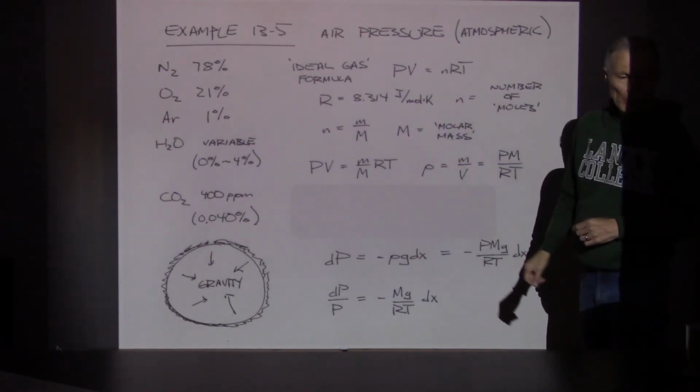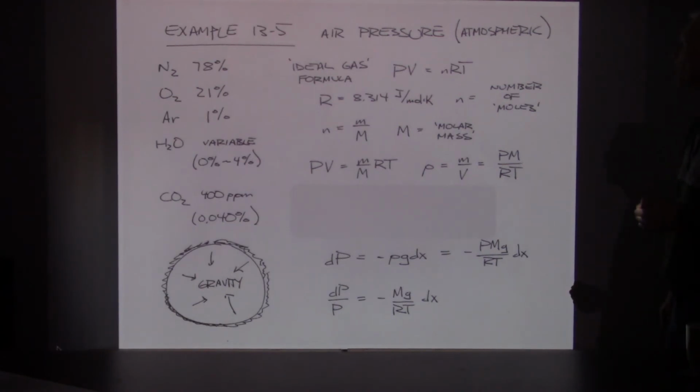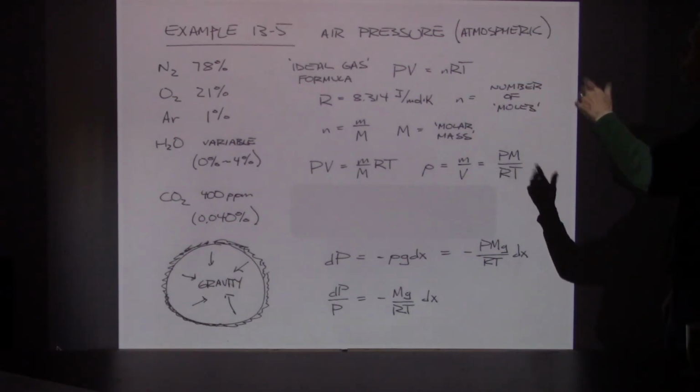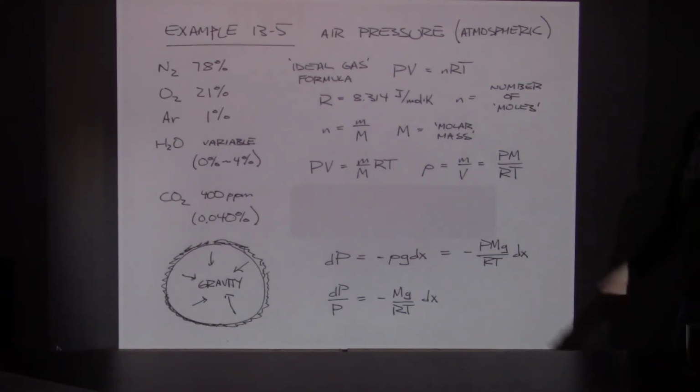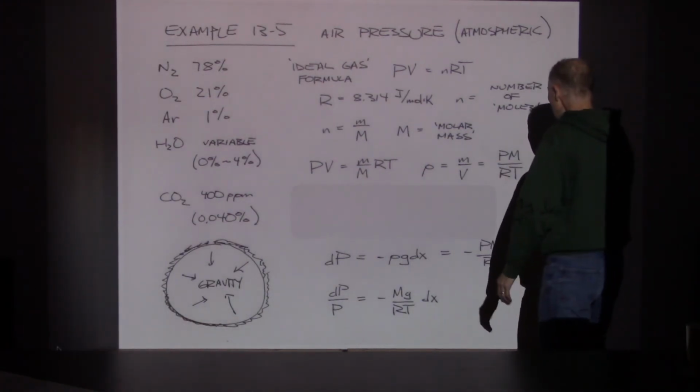For N2, the molar mass would be 2 times 14, which is 28. For oxygen, it's 2 times 16, which gives us 32. Argon has a molar mass of 40. Water has a molar mass of 18. Carbon dioxide has a molar mass of 44, I think.